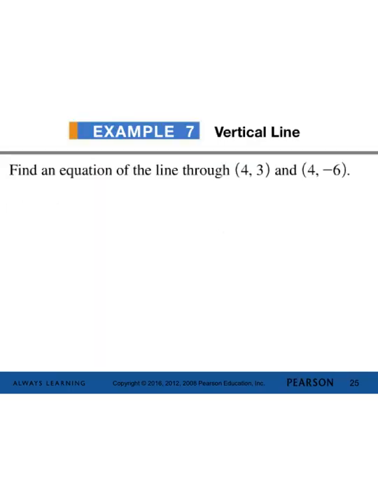Okay, so this time what we have is a vertical line. And when we try to calculate the slope, we've already been over this once, but this is just a reminder. This is very important.